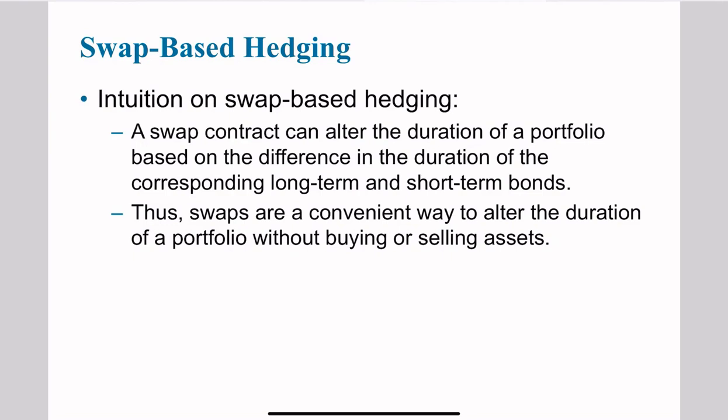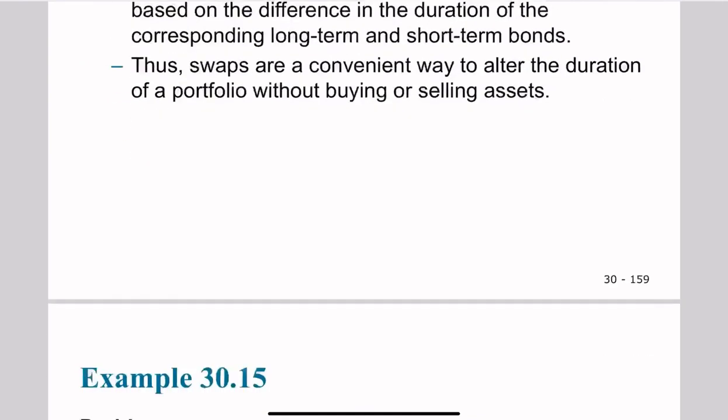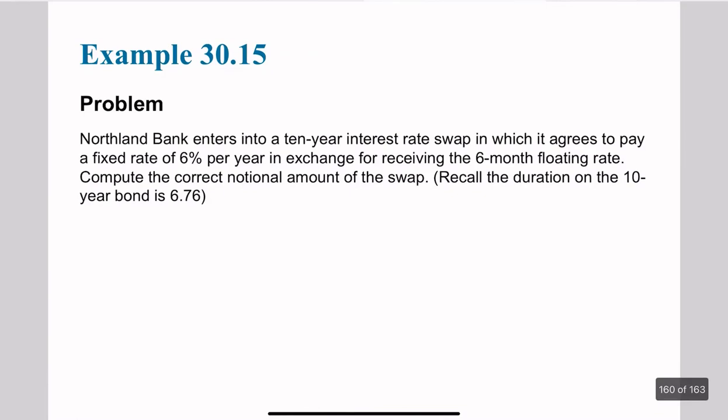And in terms of how to actually solve this or better understand, we could look at the example here. So again, we're talking about the Northland Bank example. So let's say again the bank wants to make sure its value of equity would keep the same even if interest rate changes.